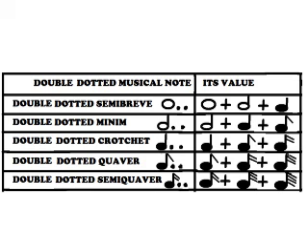The second dot will give me half of a minim, which is a crotchet. So the second dot gives you half of the value of the first dot. So if I have a double dotted crotchet, it means it's a crotchet plus a quaver, which is half of a crotchet, and a semiquaver, which is half of a quaver. So the second dot adds half the value of what the first dot is.